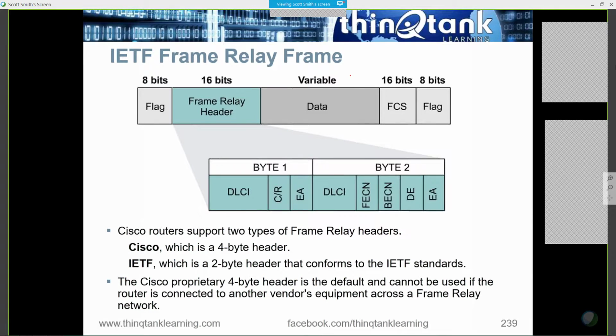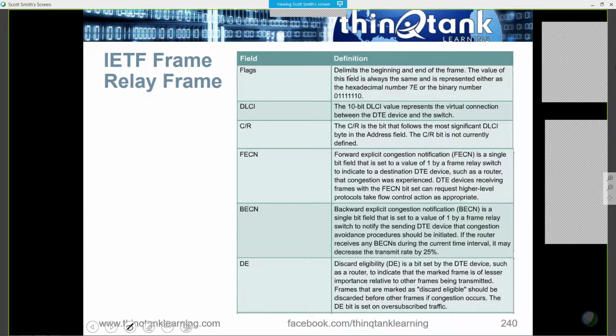All right, so just like we learned with routing protocols, we have terms. The DLCI. This is called the data link connection identifier. Let me explain what a DLCI does, because that is definitely something you're going to have to know for the test. You've got a router with a serial link.